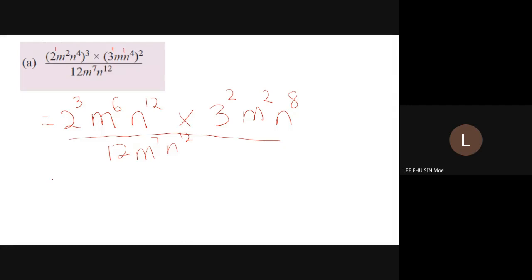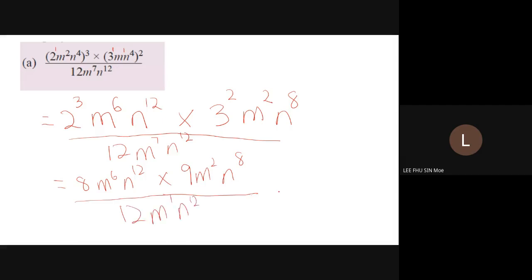When you simplify, maybe you can simplify the number, like this one 8 power 3. Okay, 8 power 3 equals what? Equal to 8, right? And 6 and 12. Times 3 to the power of 2 is 3 times 3 equals 9. And 2 and 8. Then this one you just copy down. This one is unchanged.